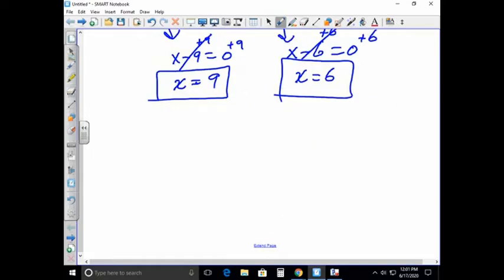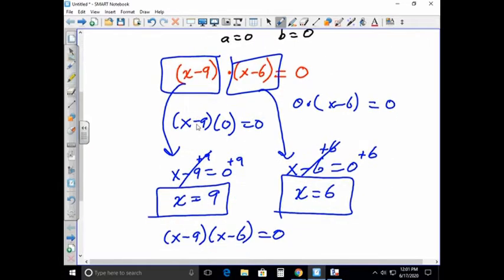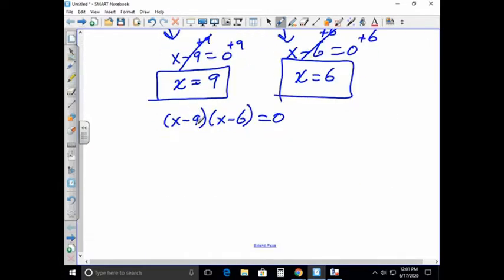If we were to check, yes, I copied it right. So if we try x equals 9, if we put a 9 everywhere we have an x, then notice 9 minus 9 is 0, 9 minus 6 is 3, and it is true that 0 times 3 is 0.